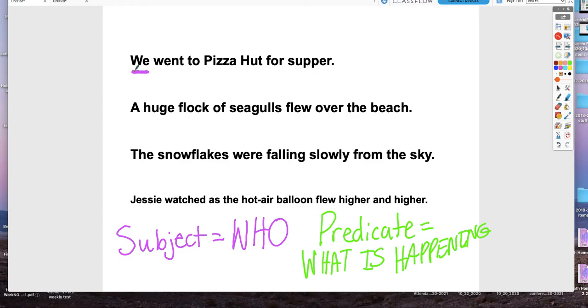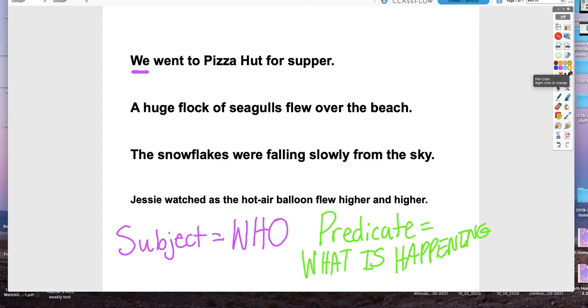So, we went to Pizza Hut for supper. What is the predicate of that sentence? Friends at home, remember, if you want to make a guess too, you can raise your hand. What is the predicate of that sentence? Jamie? We went to Pizza Hut. Nice and loud so I can hear you. Went to Pizza Hut.